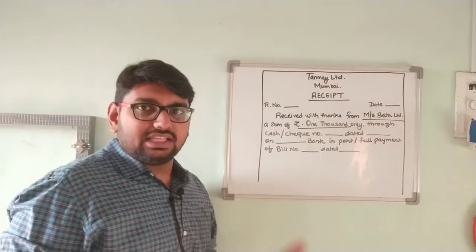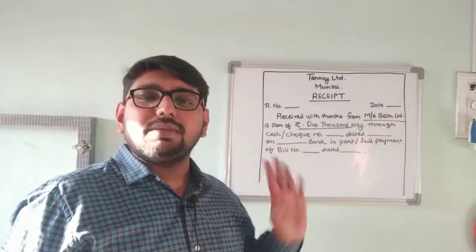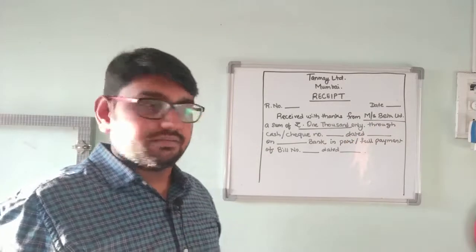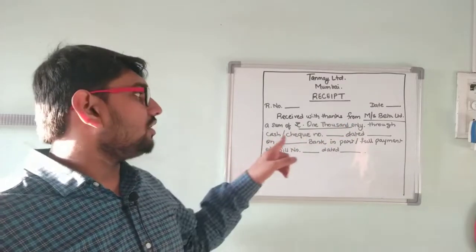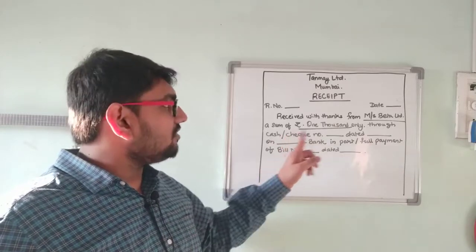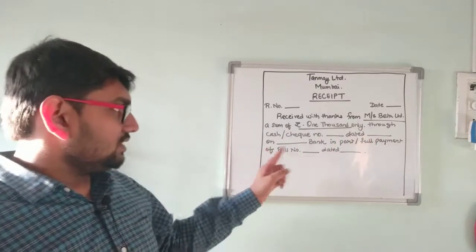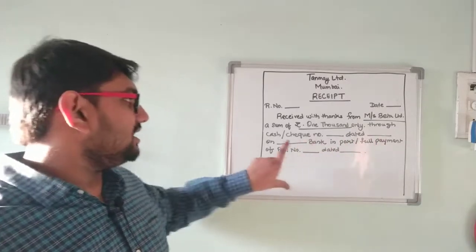Now let me explain this properly. Received with thanks from Messrs Beta Limited. Here Messrs Beta Limited is the payer. A sum of rupees 1000 only, through cash or check. So if you are receiving the money through check, only then you have to fill these three gaps. So it is the check number, the date of the check, and the bank the check belongs to.